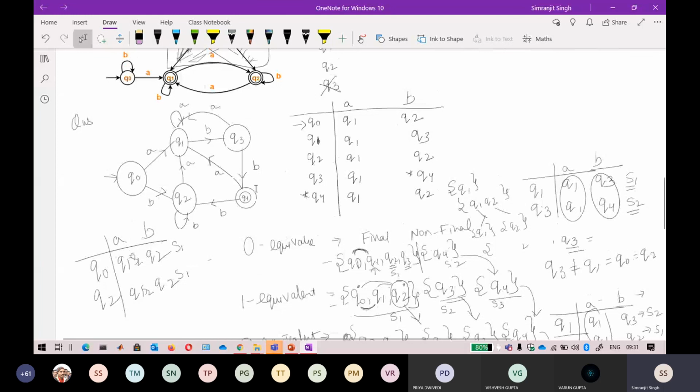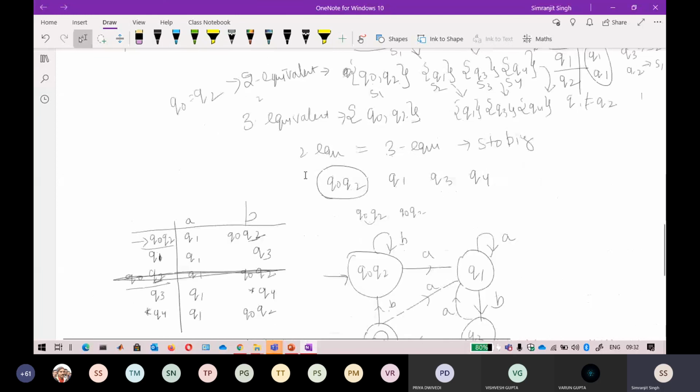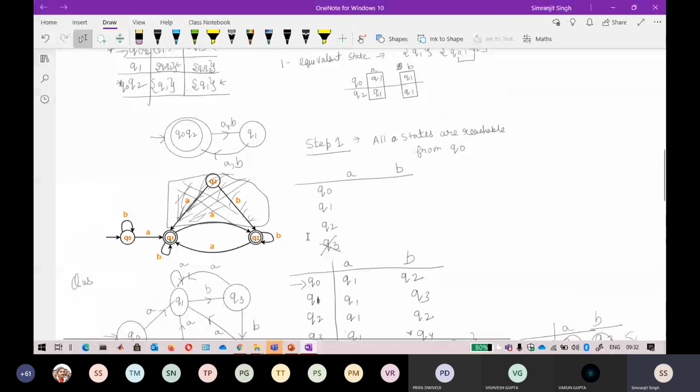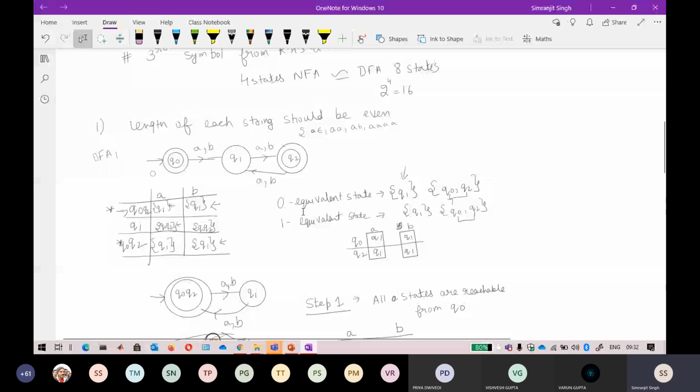Firstly it contained 1, 2, 3, 4, 5 states. Now it contains only 1, 2, 3, 4 states. Okay, so now you try to solve this question, I will do it in the next class also. And if you now clearly look at this question, I am again following the same steps here. So what happened in the first one, this is already a different set. I do not need to bother about this set.